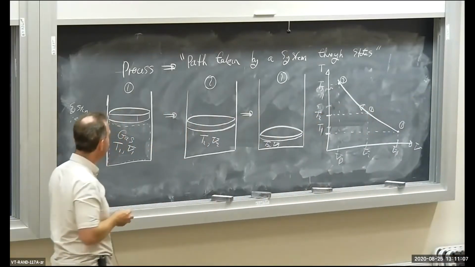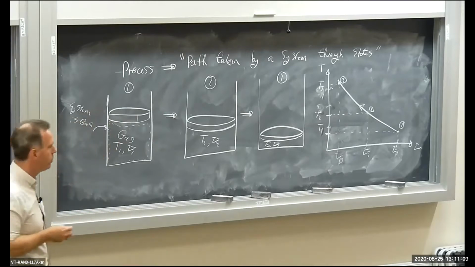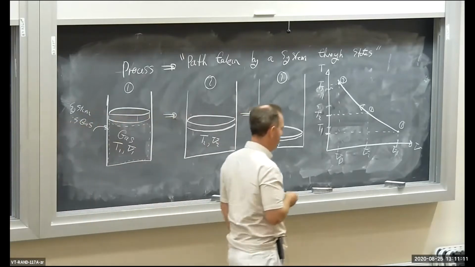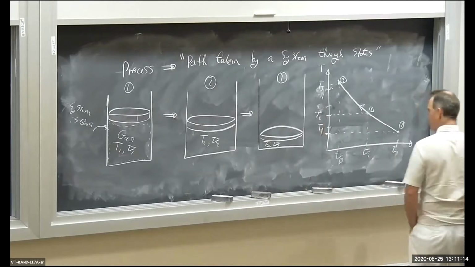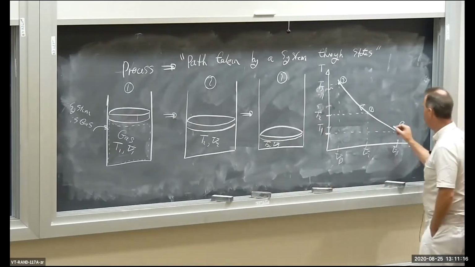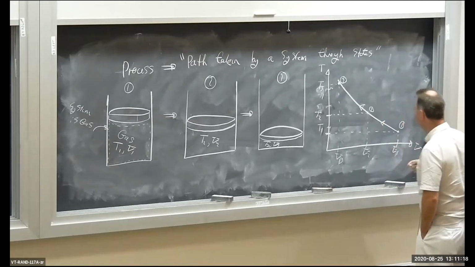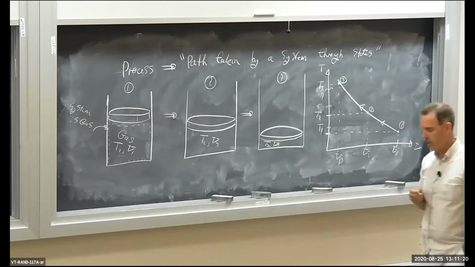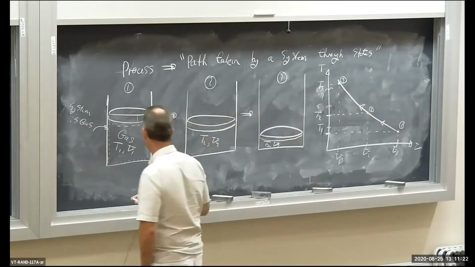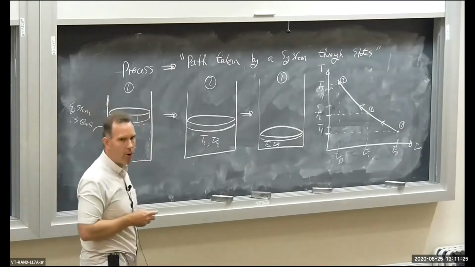So process is a path taken by a system through states, okay? So the system is moving up and to the left on the TV diagram. So that's an example of a process, okay?